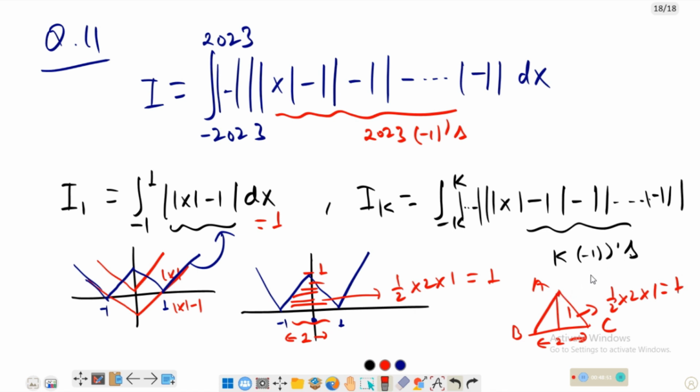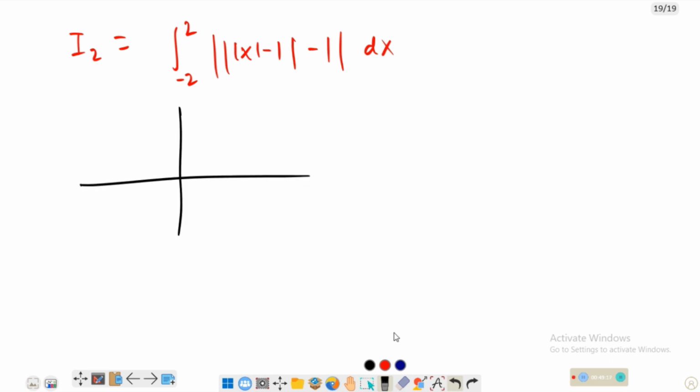So I calculate I2. I2 is equal to the integral from minus 2 to 2 of mod x minus 1 mod minus 1 mod dx. What is the graph of mod x minus 1 mod? The graph is like that.